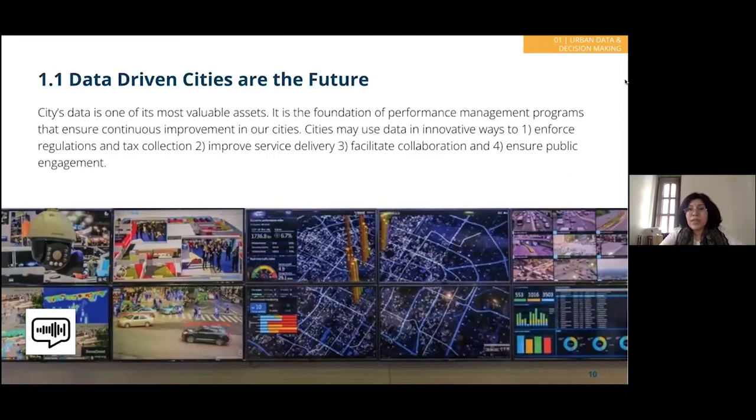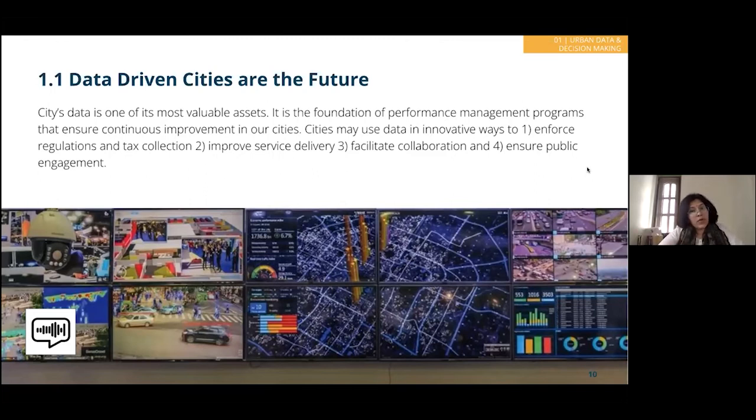So essentially, more and more cities, and globally there is a large consensus that cities should know how to use data well, right? And why are we using data? First and foremost, cities are using data at a very basic level to start enforcing regulations and tax collection, right?